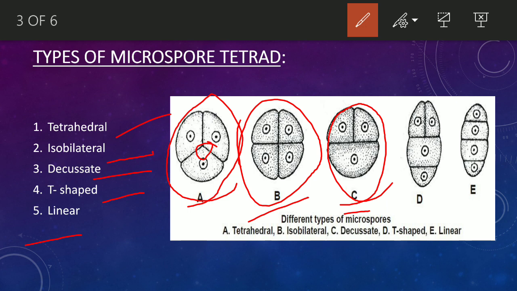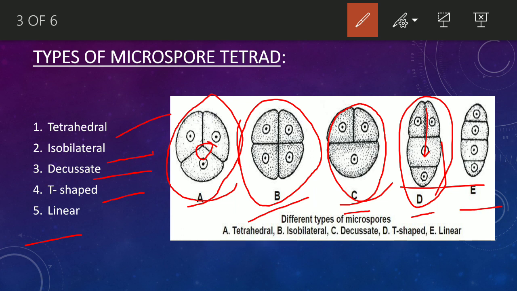Fourth one is T-shaped. The upper or lower cell of the dyad undergoes a vertical or longitudinal division instead of a transverse one, yielding a T-shaped configuration. The last one is linear.